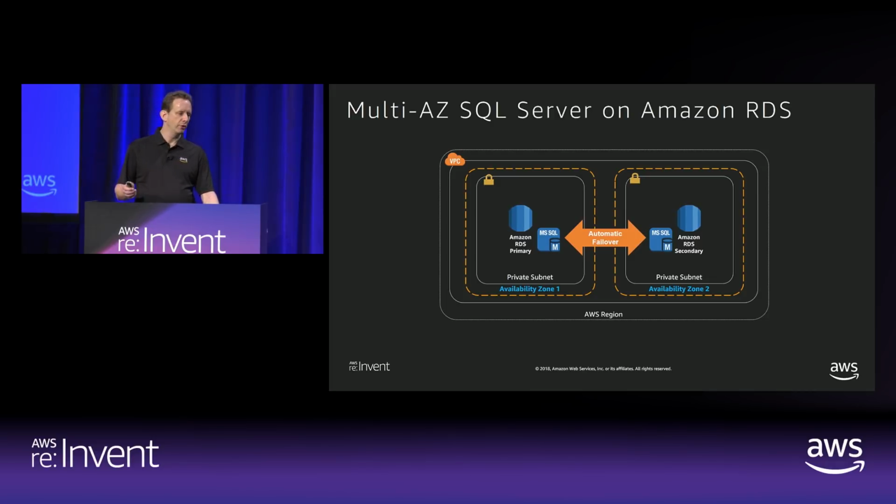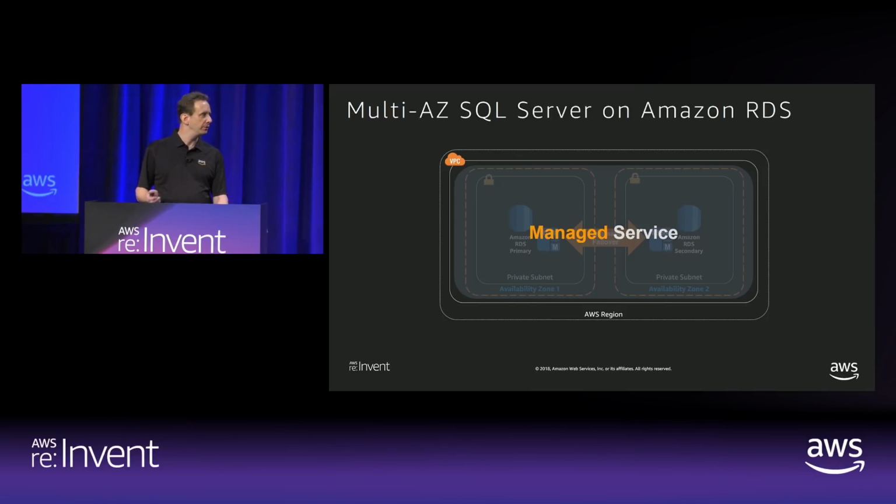And again, this is available with all of the engines of RDS, but my favorite feature of RDS is that you don't need to worry about it. It's a managed service. Everything I just talked about, we're going to do for you. All you're going to do is select, I want an RDS instance, I want this instance size, I want this much storage, and I'm going to choose multi-AZ, and we're going to set all that up for you.